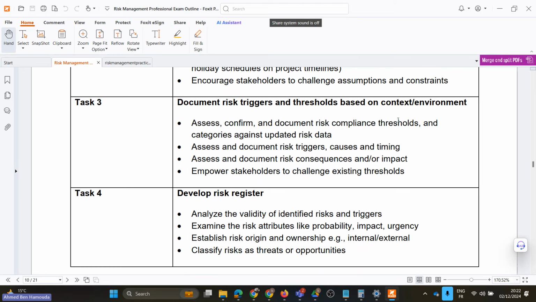Why? Because actually some of the stakeholders challenged us and they said, yeah, based on their experience and history, these risks are usually of a high level, but they never materialize.